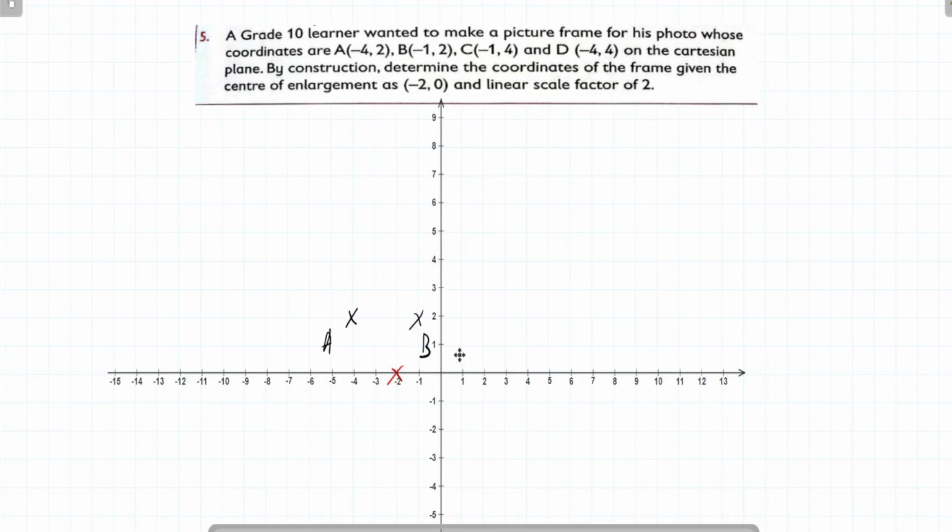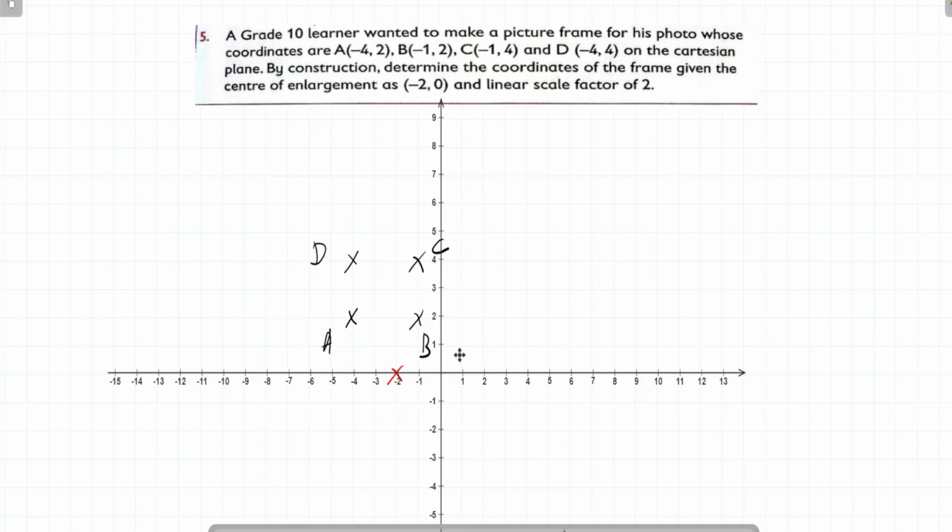That is B. And then C (-1,4), which is supposed to be here. And this is C. Then last, D (-4,4), which is here.